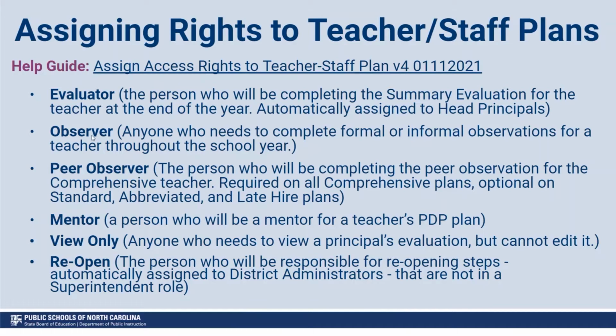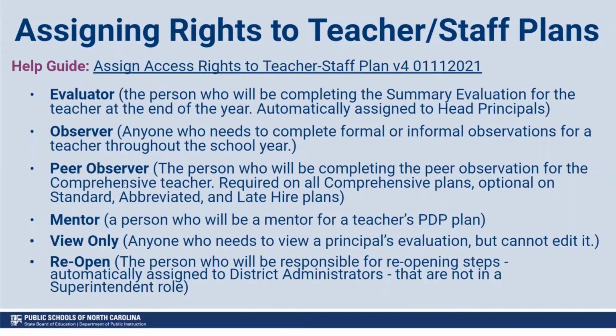They could be observers. Observers have rights to do any observations 1, 2, 3, additional observations 1, 2, and 3. They can actually get into a peer observation, but they cannot sign off on a peer observation. So make sure when you're assigning the next one, peer observer, that you do choose the one that says peer observer as opposed to observer, because only the peer observer can sign off on that peer observation area.